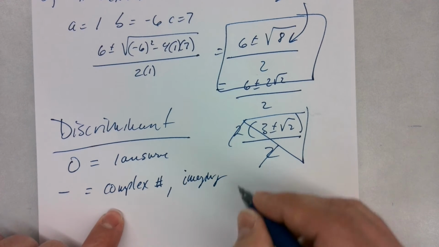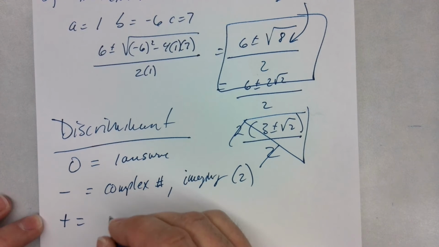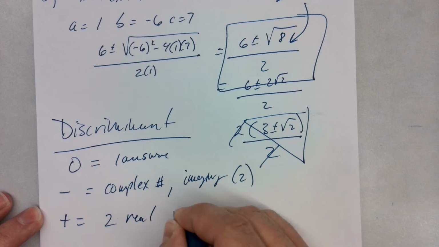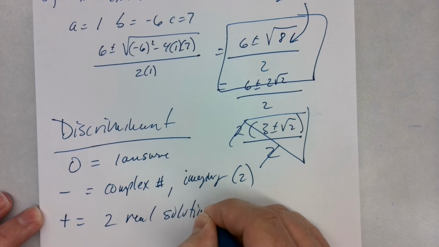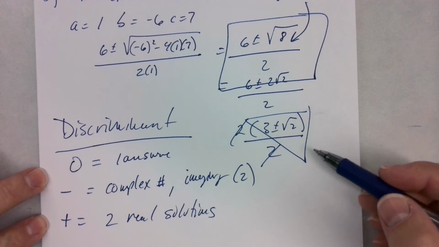But either way, you're going to get 2 of them, because you're going to get the plus version, then the minus version. And then the other one is you're going to get a positive, and that simply means you're going to get 2 real solutions.